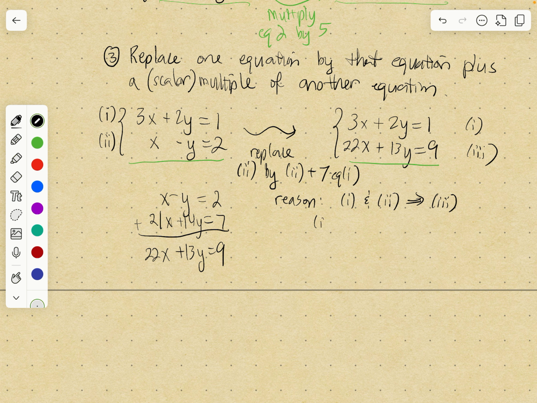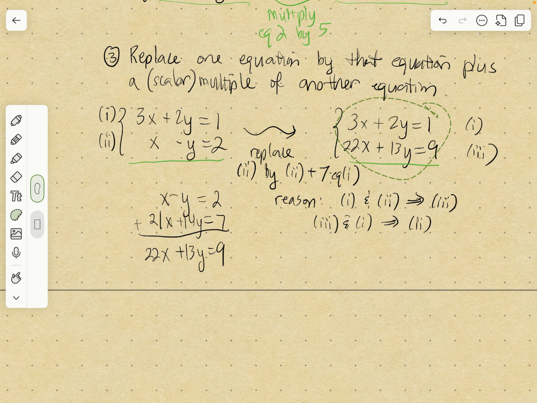Conversely, if I have equation 3 and equation 1, I can deduce that equation 2 must be true. In other words, suppose that I have a solution to this second system of equations. Somehow I know that I have an x and y that satisfies both equations. Then I can use those equations to deduce that x minus y must be equal to 2, essentially by reversing what I did to go from 1 and 2 to get 3.